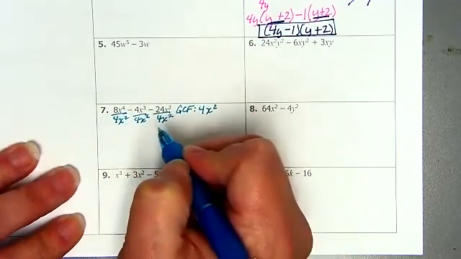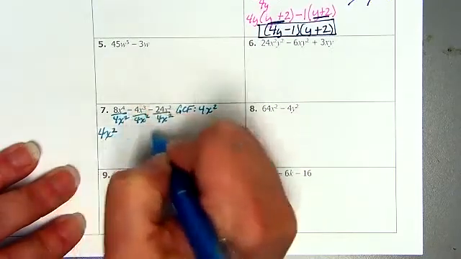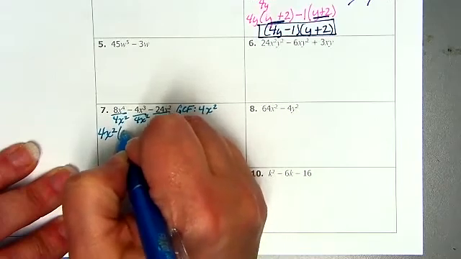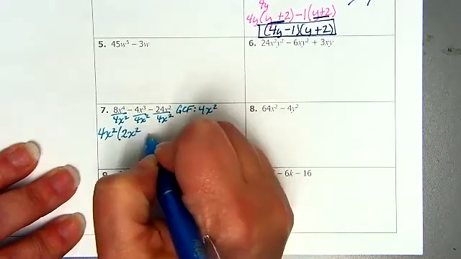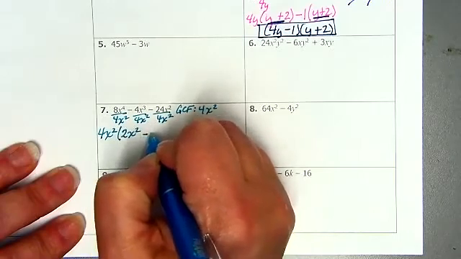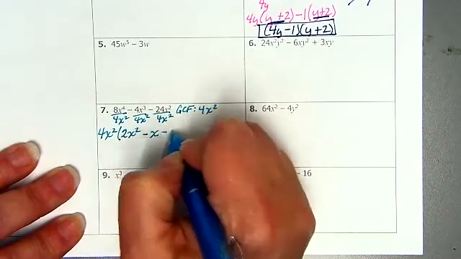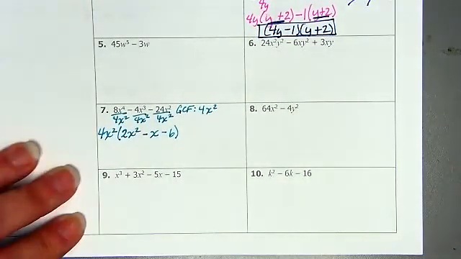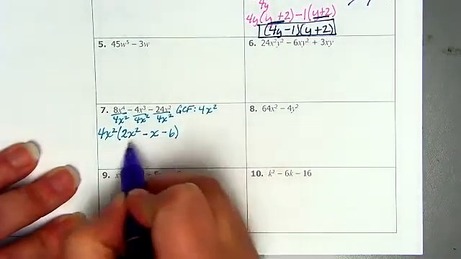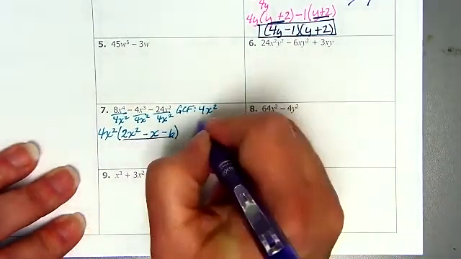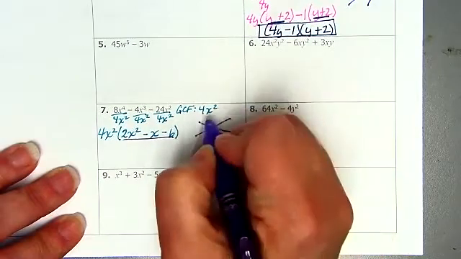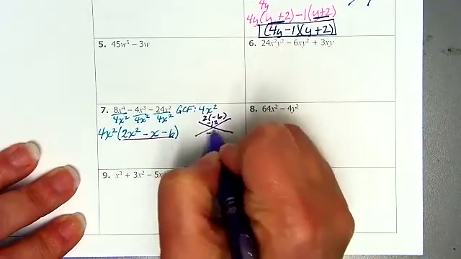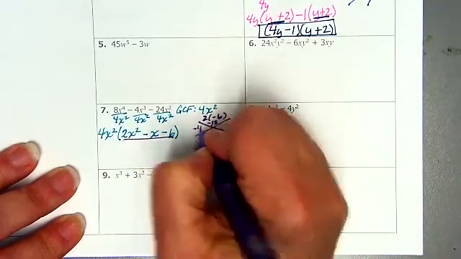So I'm going to now have 4x squared, open parentheses, 2x squared minus x minus 6. And now at this point, I have a trinomial. So I'm going to do the product sum box now. So I have 2 times -6, which gives me -12, and -1. So that's going to be -4 and 3.